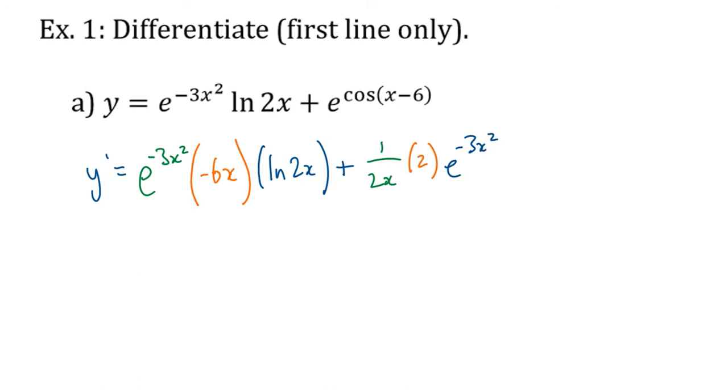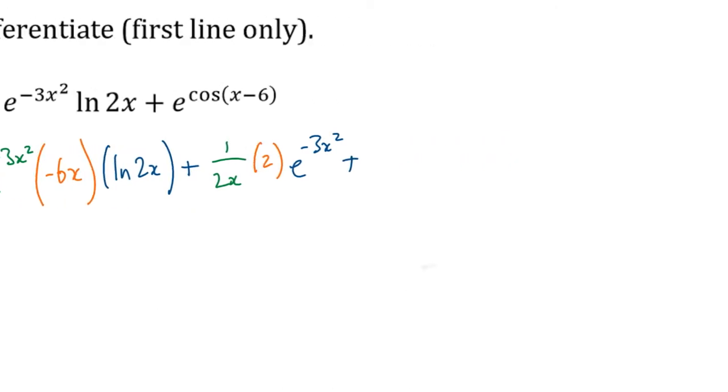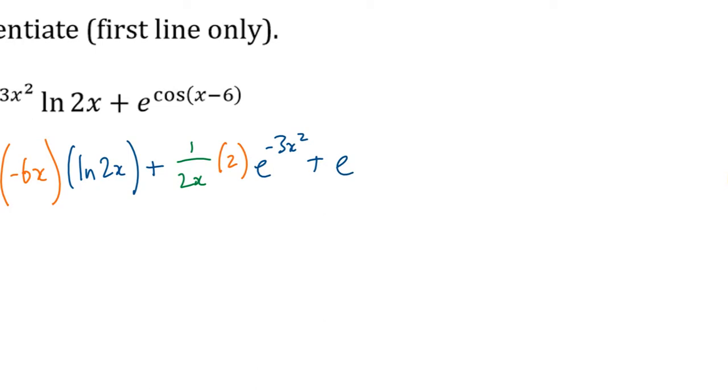Okay, so this was the derivative of this part here. Now we do e to the cos of x minus 6, and so again it's plus, that part doesn't change, e to the cos of x minus 6 times the derivative of the exponent.